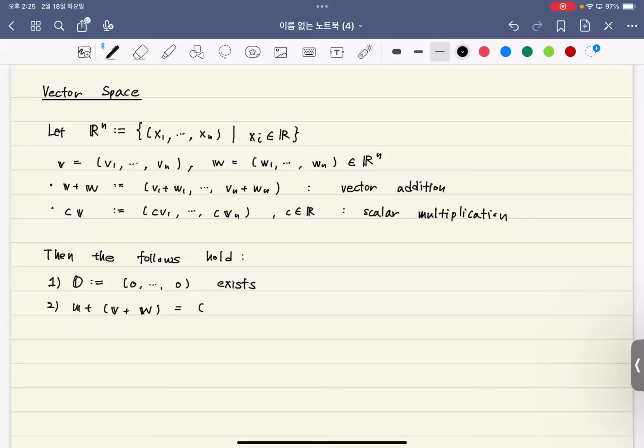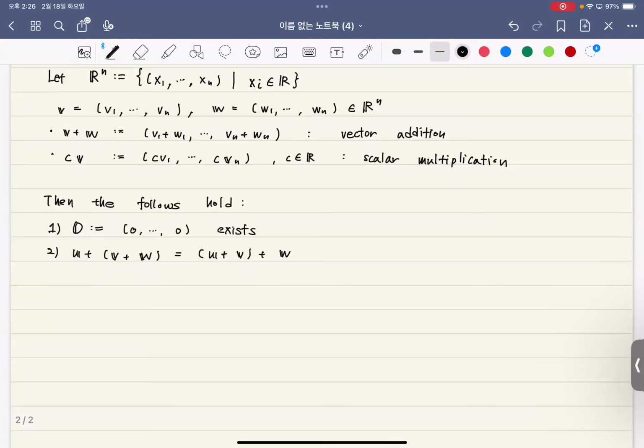the order of vector addition does not matter. So suppose that you want to add 3 vectors, then you're always free to add this guy first and this guy later, or these 2 guys first and this guy later. The result is the same. And u plus v is v plus u. So therefore, the order of vector addition also doesn't matter.